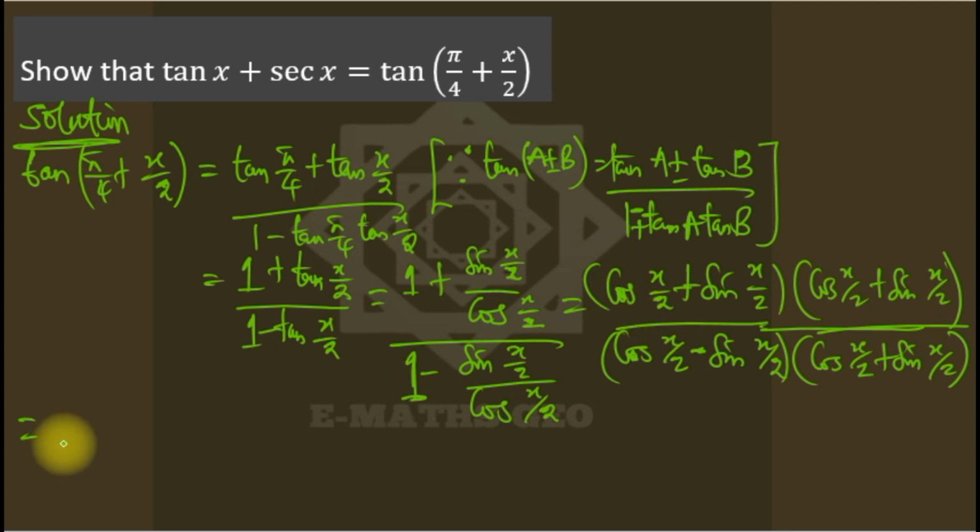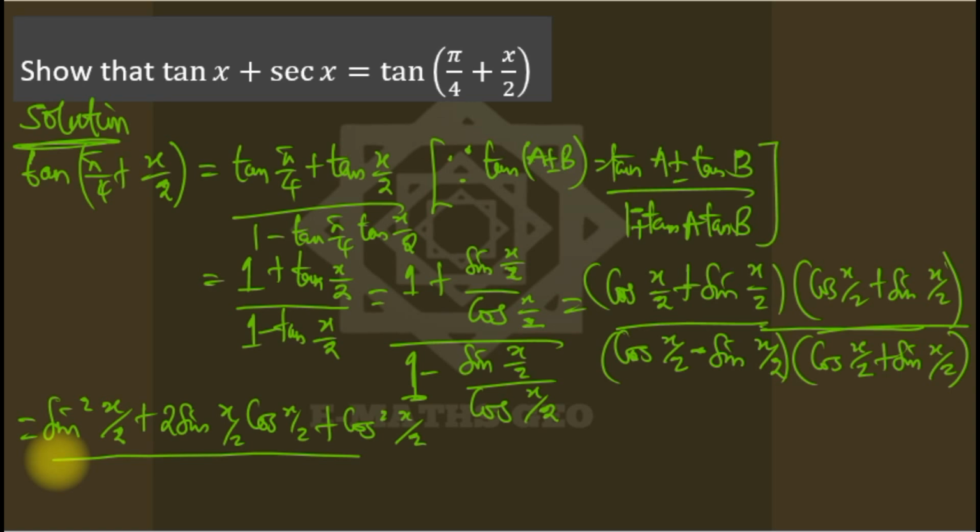So this will give us sine squared half x plus 2 sine half x cos half x plus cos squared half x. So the numerator will expand to that, while the denominator will turn to a difference of two squares: cos squared half x minus sine squared half x.